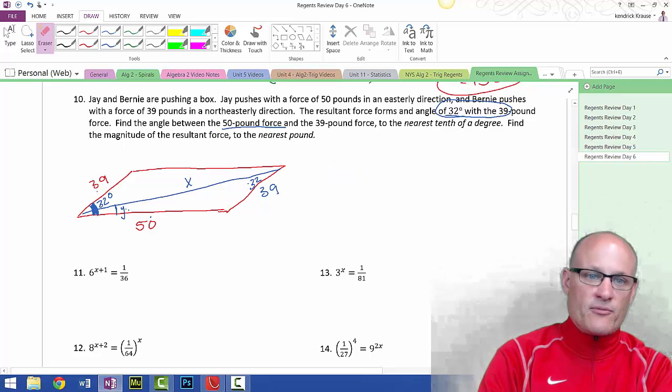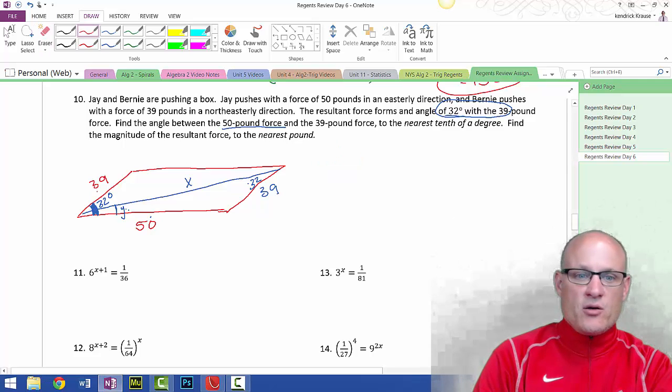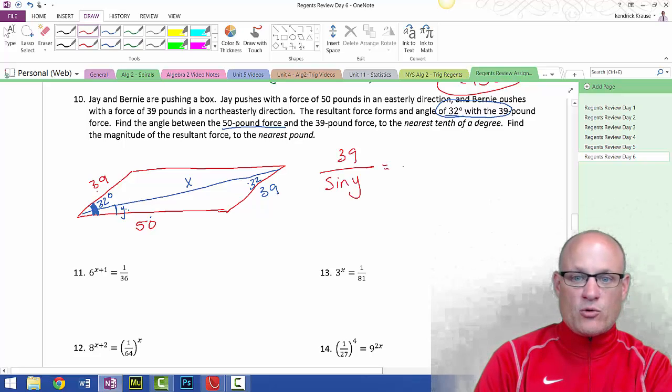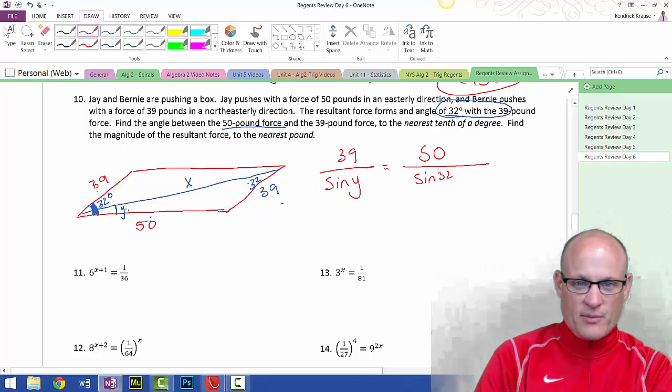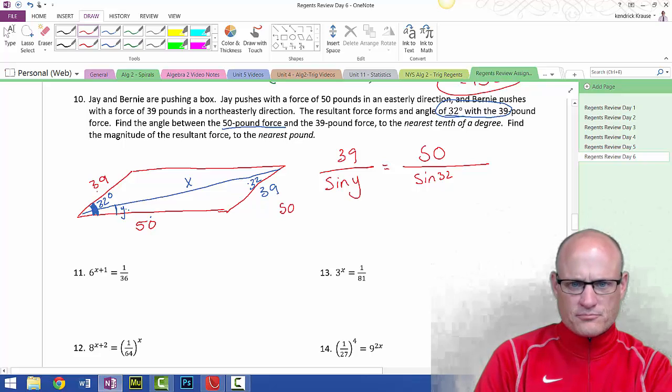Screwed that up myself. 39 over the sine of y is equal to 50 over the sine of 32. And if I don't write any smaller, I'm never going to get this in here. So I'm going to cross multiply. So I'm going to write small. 50 sine y is equal to 39 times sine 32.